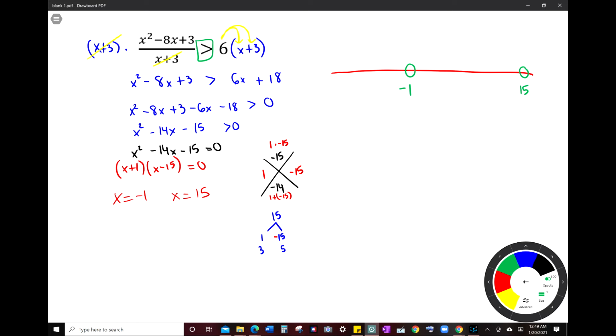And one more value that's not from the solution, but we need to pay attention to, which is x plus 3. Because x plus 3 is the denominator of the left side, it will become an asymptote when you graph it.